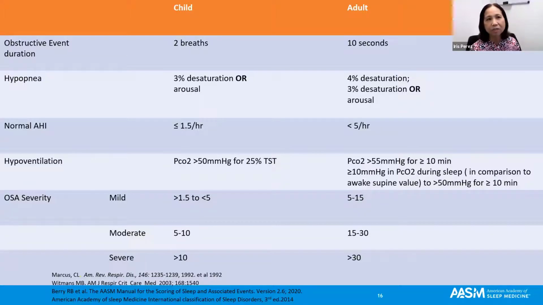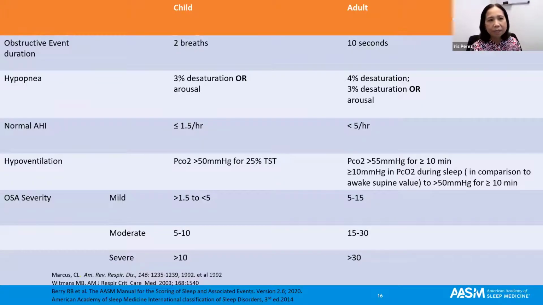In adults, the obstructive event duration is 10 seconds, as you all know. And depending on the rule that's used, 1A, hypopnea would be defined as 30% decrease in flow with 3% desaturation or arousal, which would be similar to that in children. Or with 1B rule, hypopnea would be associated with a 4% oxygen desaturation.